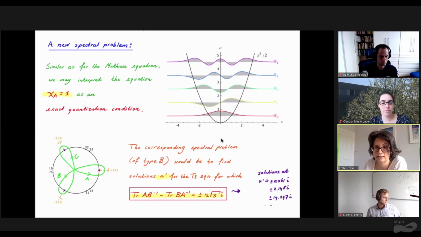Again, you can find solutions to these equations numerically, and in this case you can also approximate them with WKB. So this is an interpretation of what it would mean to quantize the Hitchin system corresponding to this particular curve.